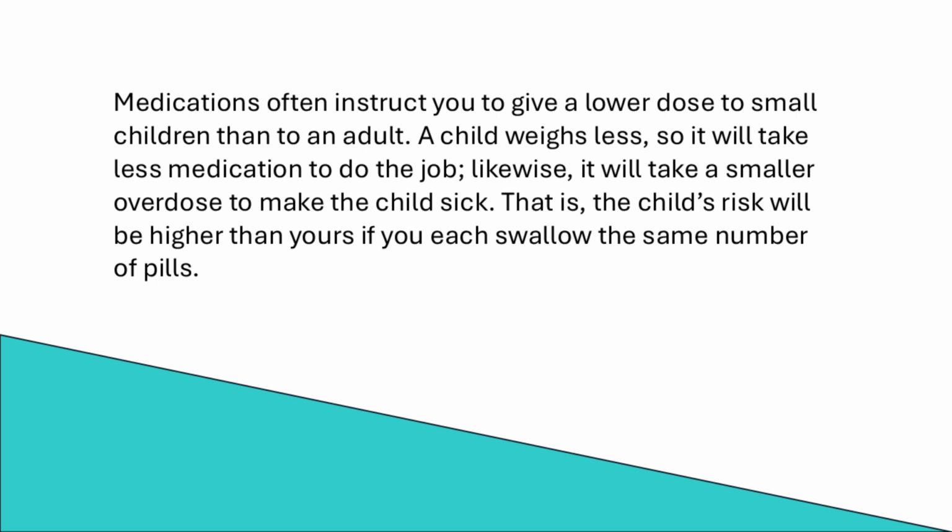Medications often instruct you to give a lower dose to small children than to an adult. A child weighs less, so it will take less medication to do the job. Likewise, it will take a smaller dose to make the child sick. That is, the child's risk will be higher than yours if you each swallow the same number of pills.